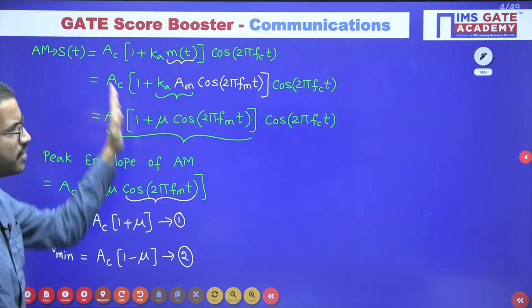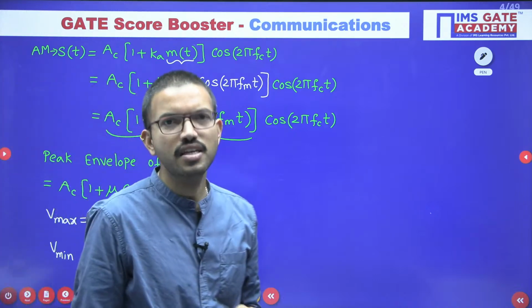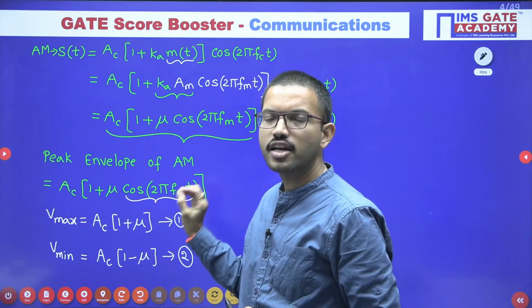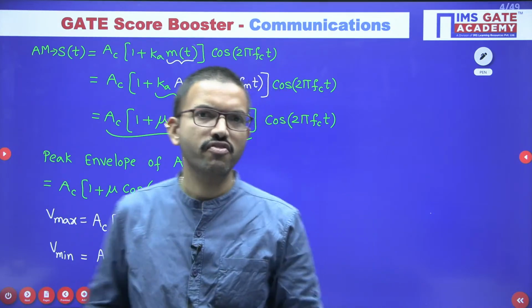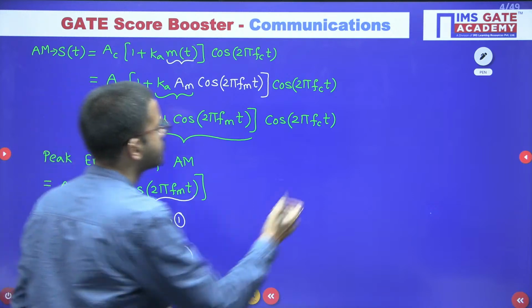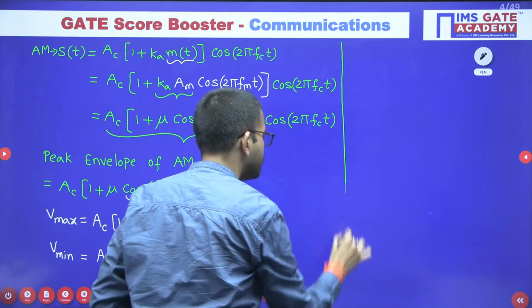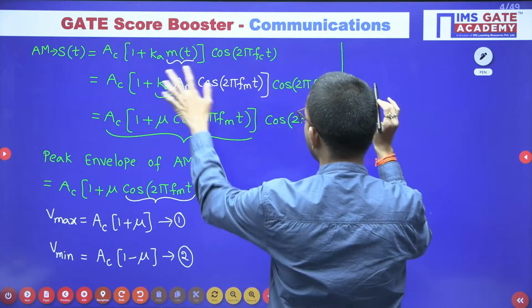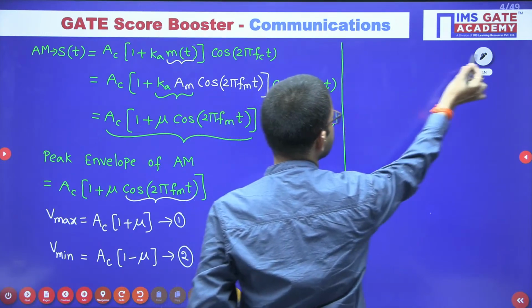whatever time domain equation we have considered regarding the AM signal, here I have given one approach, how to find Vmax and Vmin. Now I am giving one more approach. What is the first equation we are having?